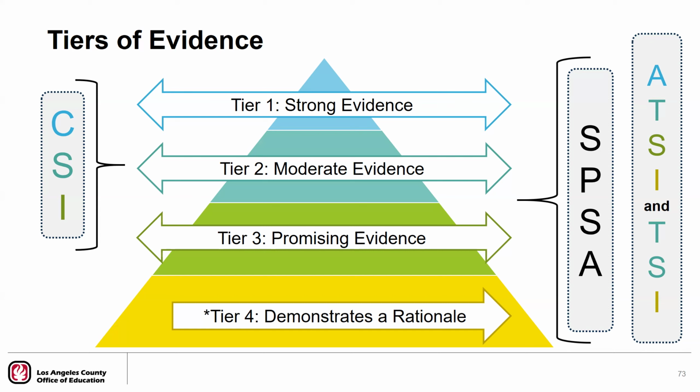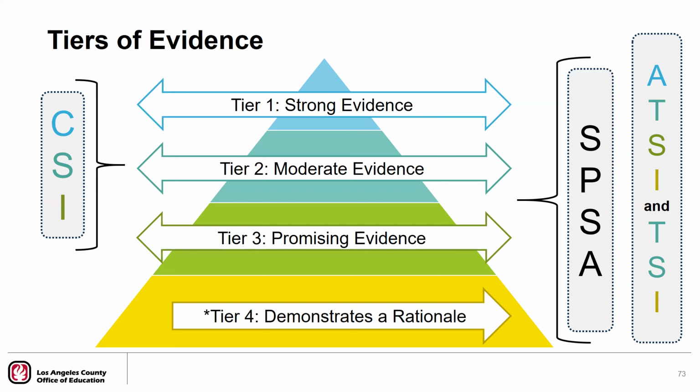Any federal funds included in your school plan must be expended on evidence-based interventions from tiers 1, 2, 3, or 4. Schools identified in ATSI or TSI may implement interventions from tiers 1, 2, 3, or 4 as well.